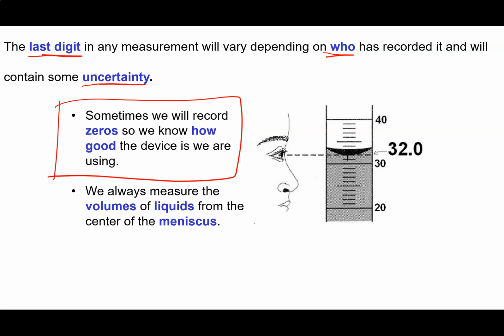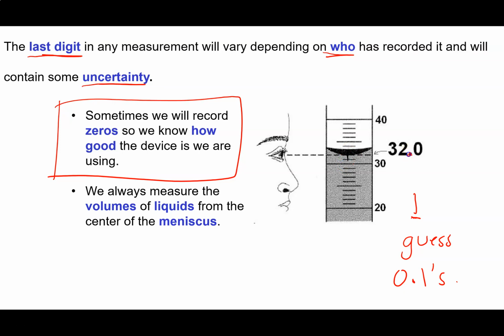purely to let the reader know the quality of our measuring device. So if you look at this measuring device here, it has marks every one. So that means that we can estimate to the point ones, right? We're going to estimate in the point ones. Now, this measurement here is 30, 31, 32, and it looks like it's exactly on 32.